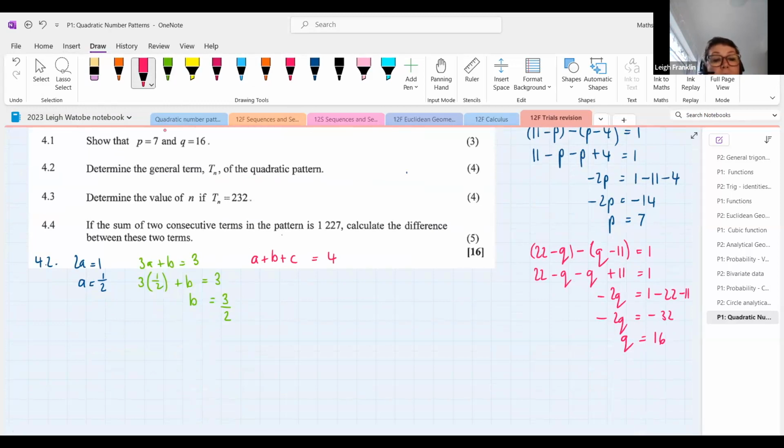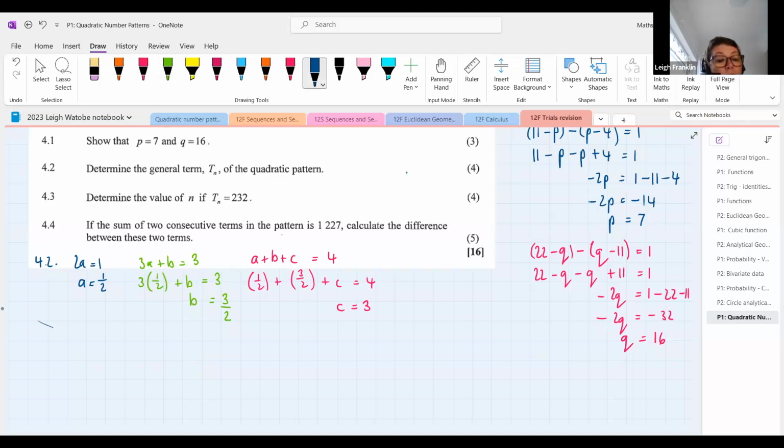Sub in our A, sub in our B, and we can work out the value of C. I'm getting 3 as an answer.